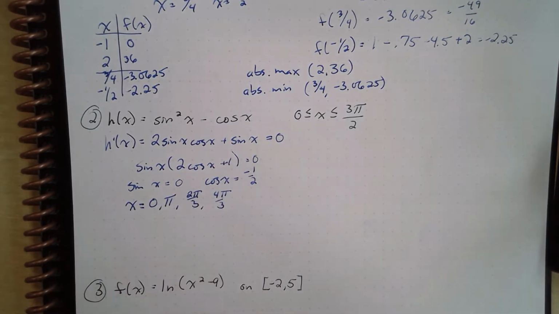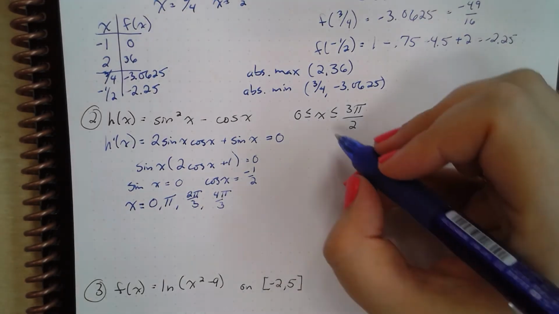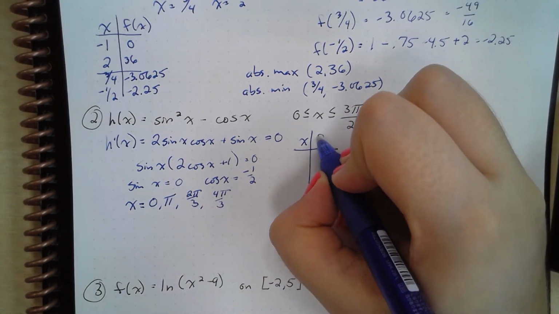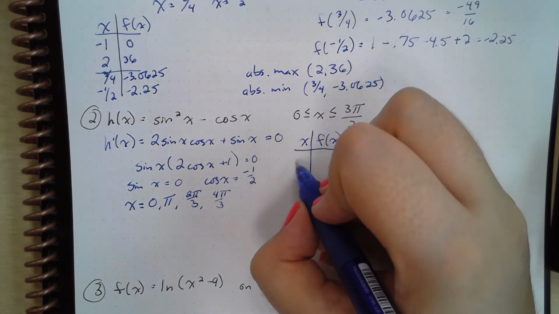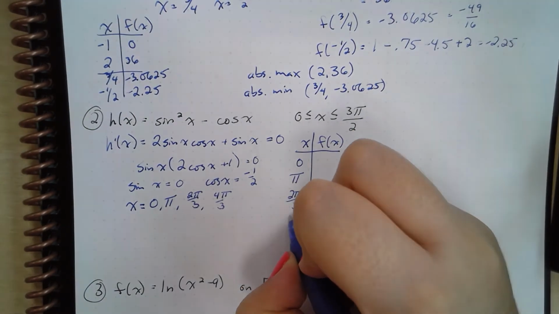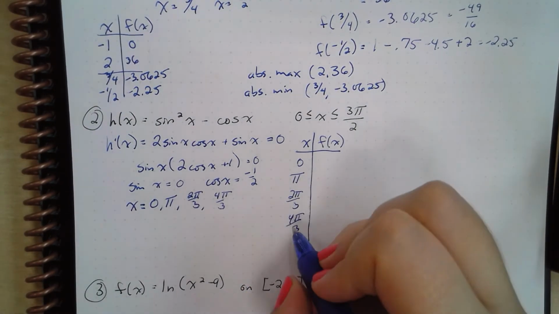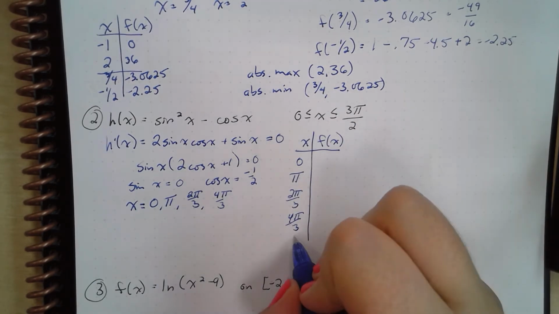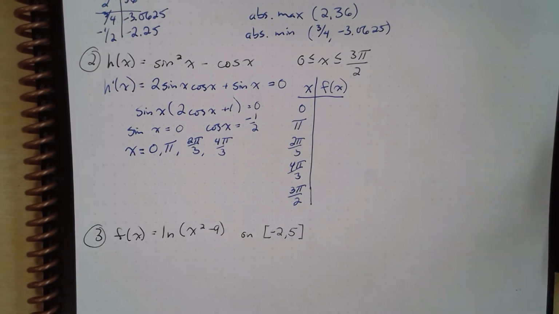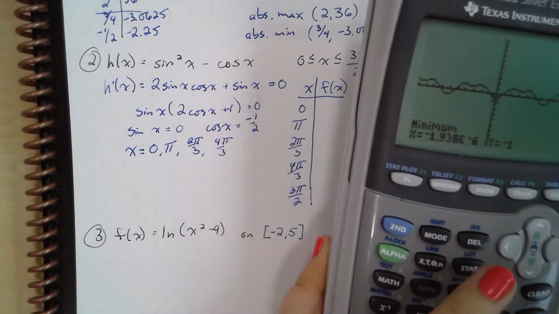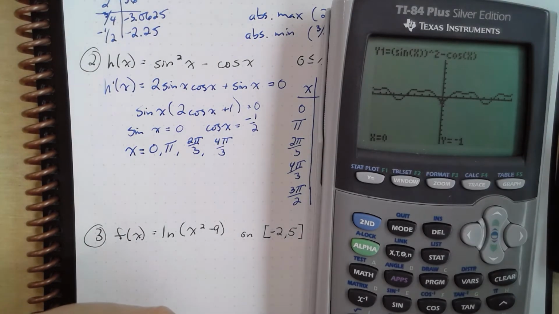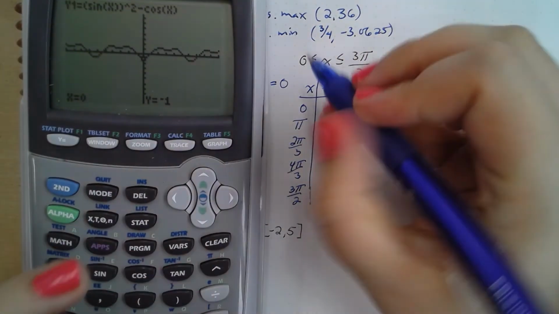Okay, so now I need to actually test my points here. So I'm going to make that chart, x and f of x. And I'm going to test 0, pi, 2 pi over 3, 4 pi over 3, and I already have 0 there, but I also need to test 3 pi over 2. This is when I'm going to go to my calculator and just trace these things. At 0, we're at negative 1.